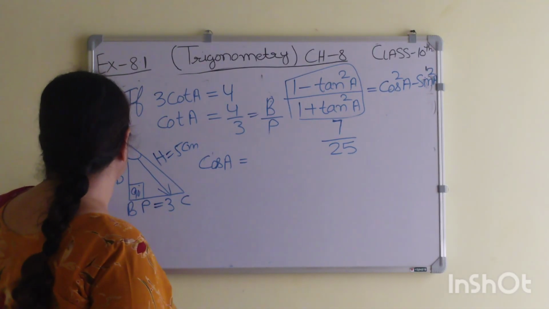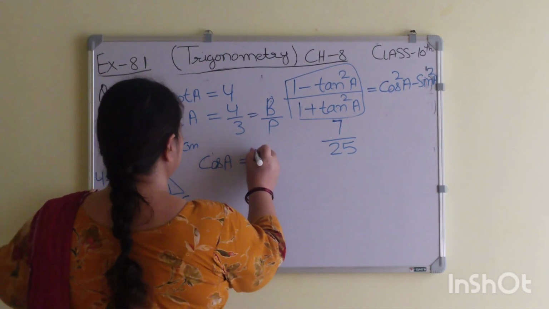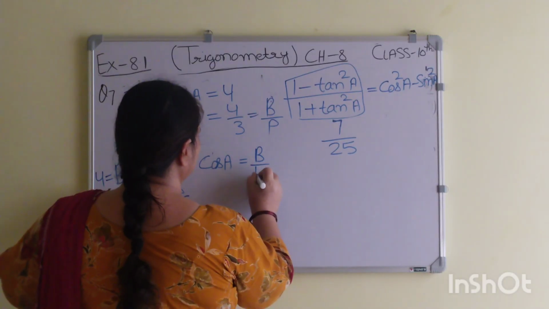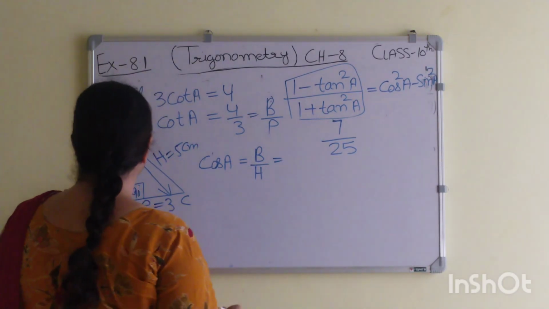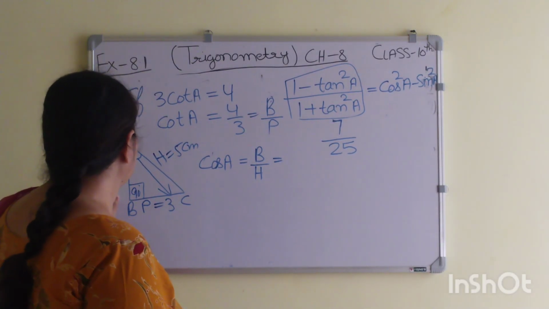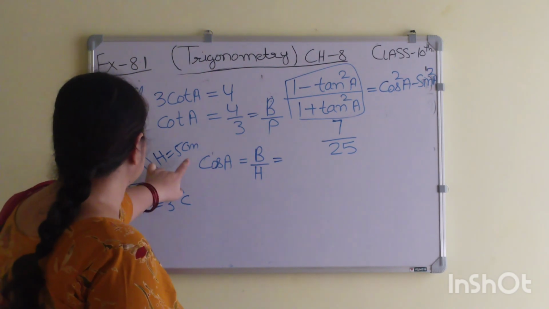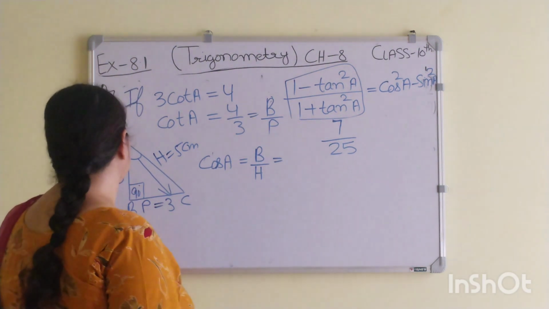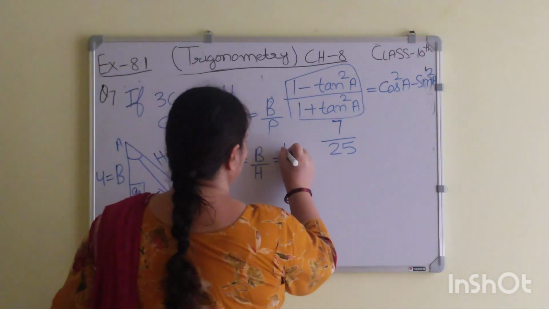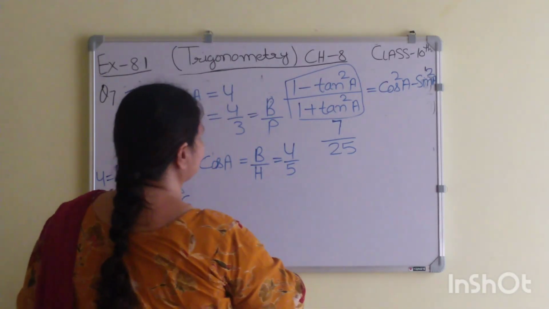Base is 4 and hypotenuse is 5, so cos A is 4/5.